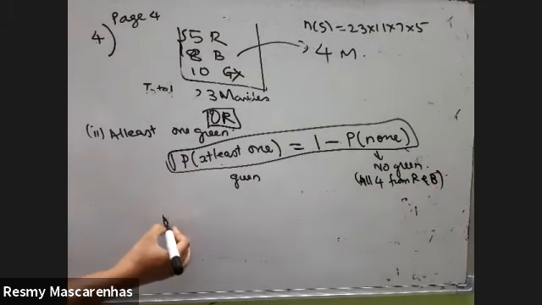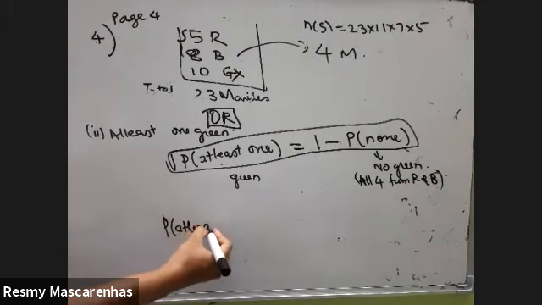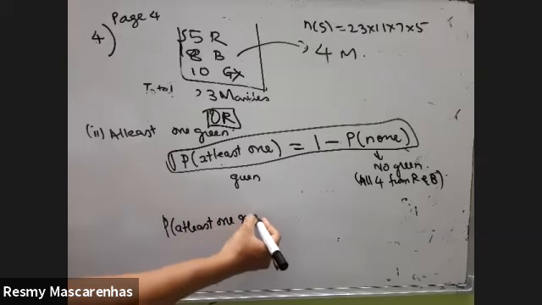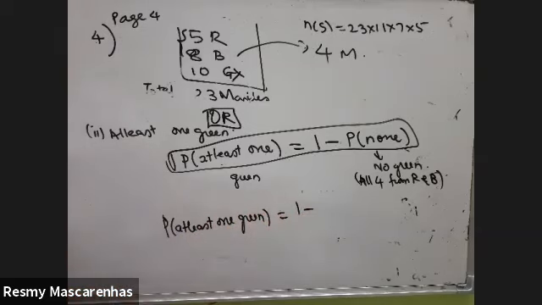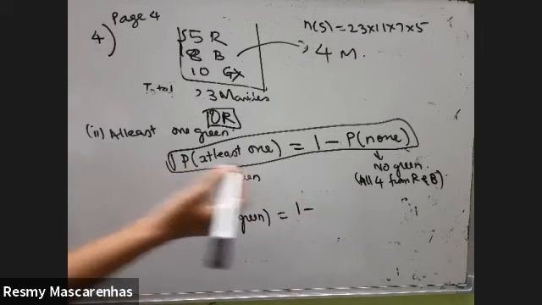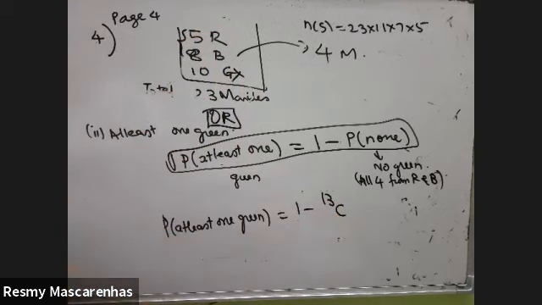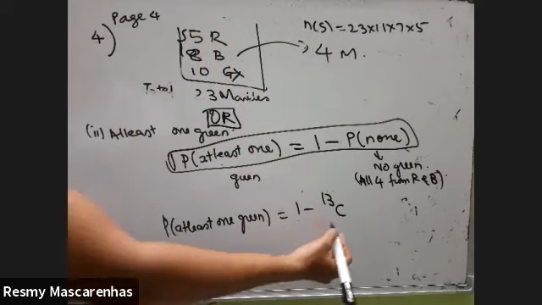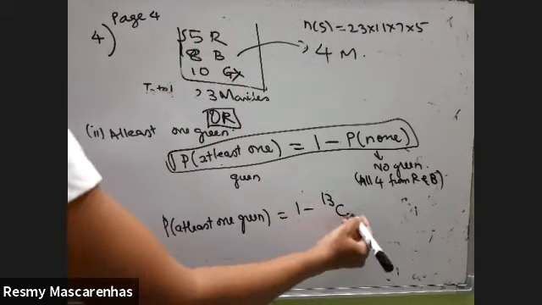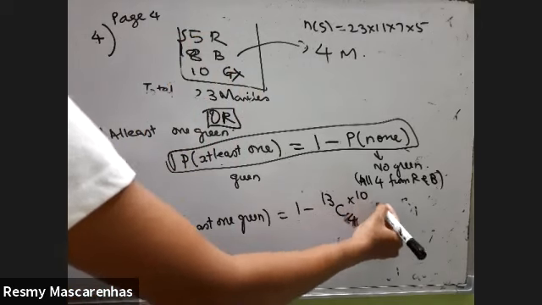So that's why the probability of at least one green will be 1 minus none, so remaining 13 C 4, sorry, and from 10, 0 has been picked up.